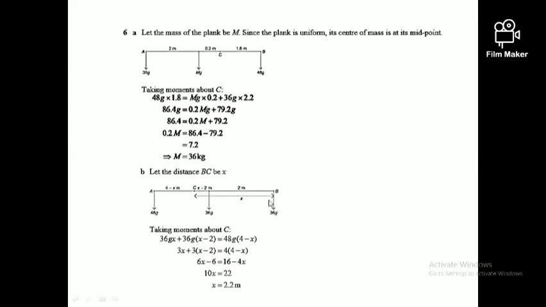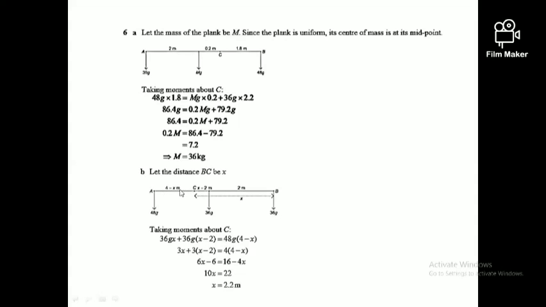So I'll consider x into 36g. That is the moment due to this force, and for this force here the length is x minus 2 into 36g. Hopefully you can understand how this x minus 2 came. Here to here the length is x, and here to here the length is 2 to the midpoint. Therefore, this length should be x minus 2, right?